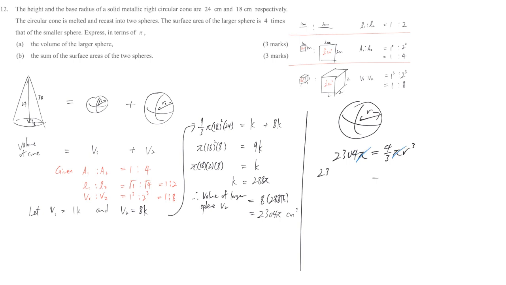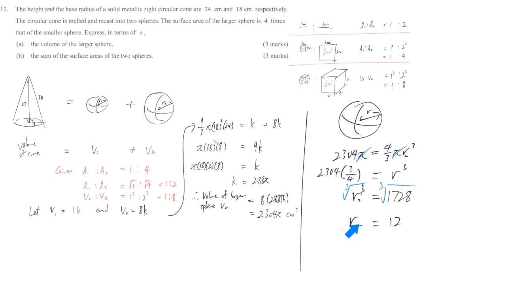So we have 2304 times 3 divided by 4 equal to r power 3. We get 1728, and then to do the opposite, to remove power 3, we are going to perform cubic roots. Then we get r power 1 equal to 12. So this is R2 based on our definition, because we define the larger one is the second one.